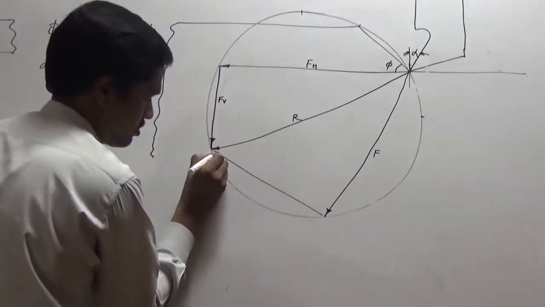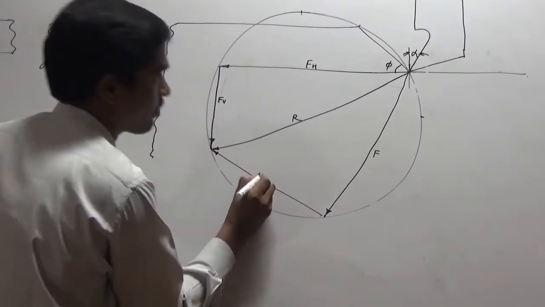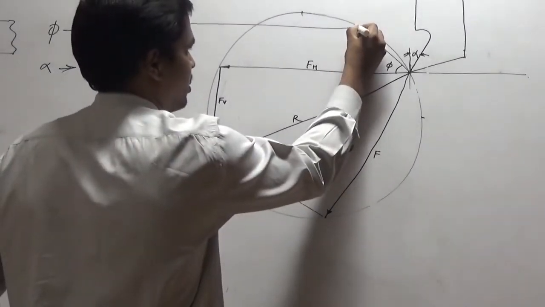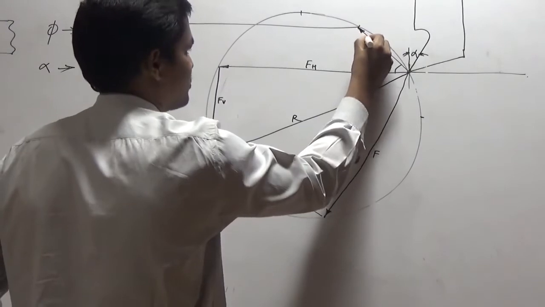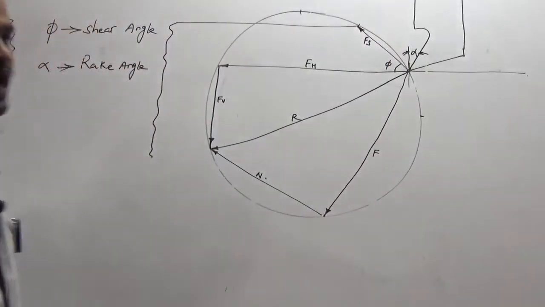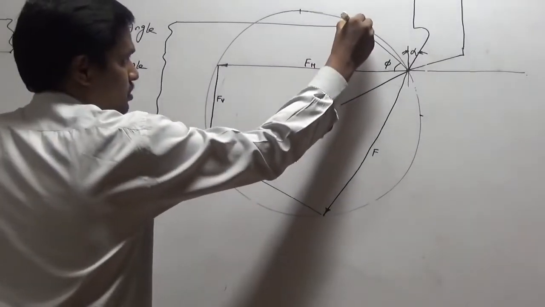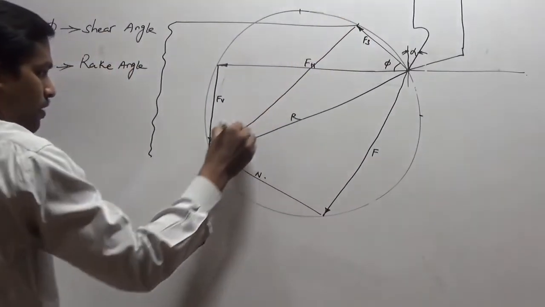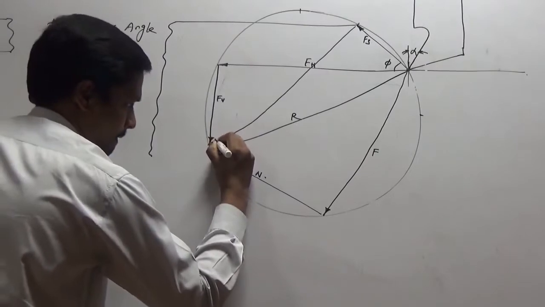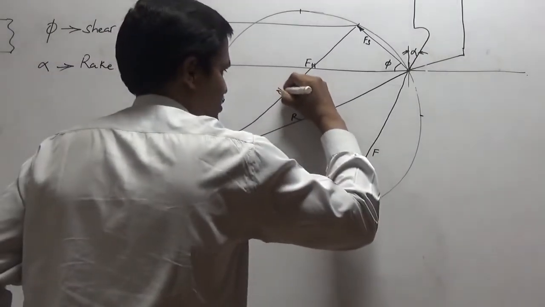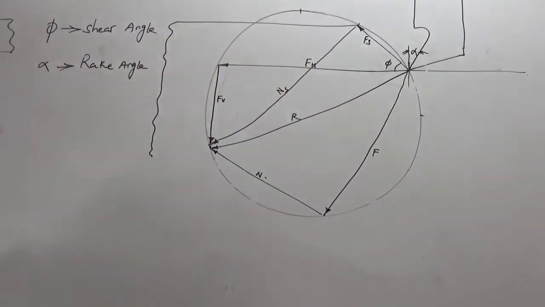and this is N. Along this shear plane one force is acting, that is Fs, the force acting parallel to the shear plane. And this is Ns, the normal force along the shear plane.